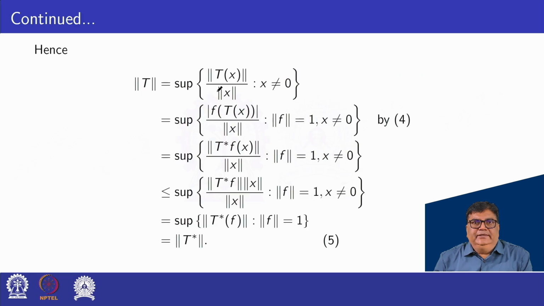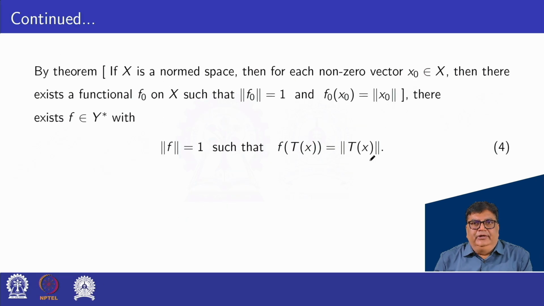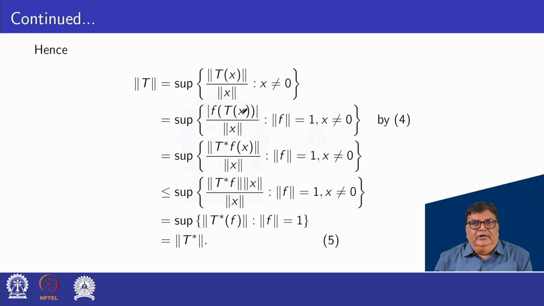We can write this in mod because this is a positive value. As per the definition of adjoint, f of Tx can be written as T star of f x. This is written in norm because f is a bounded linear functional, so we can define it in mod, and T star is a bounded linear transformation, so it is defined in norm.